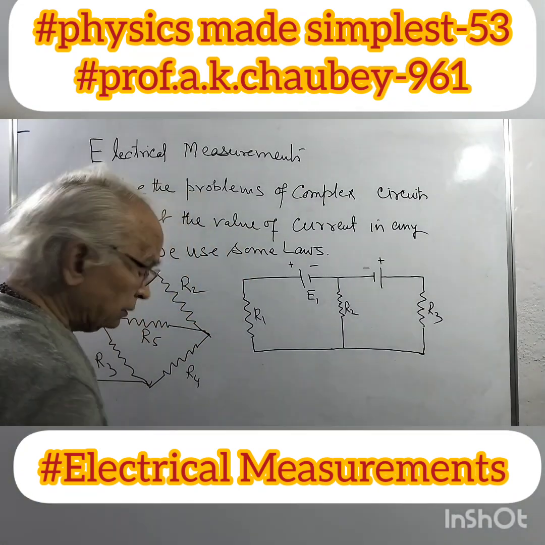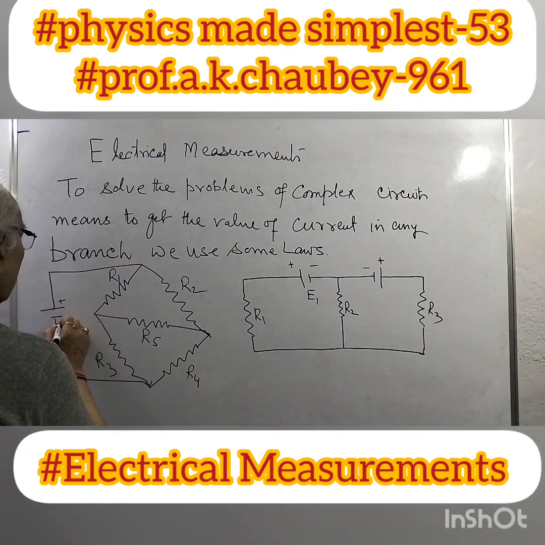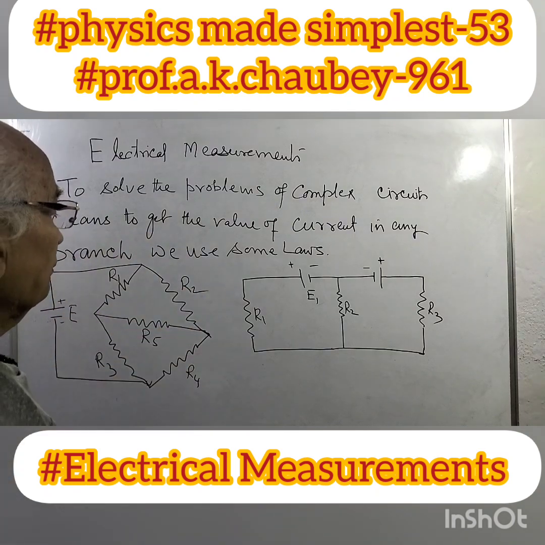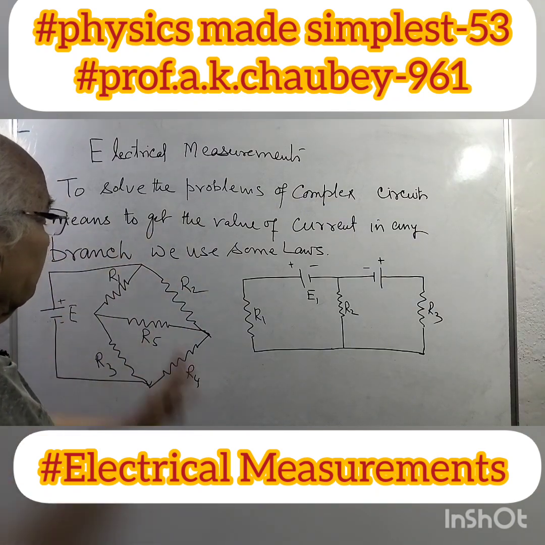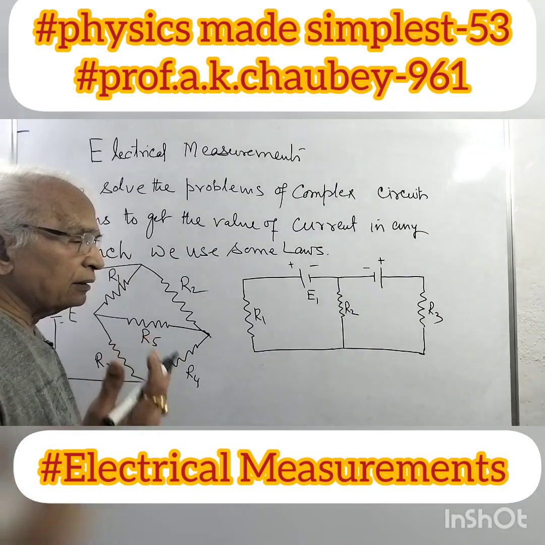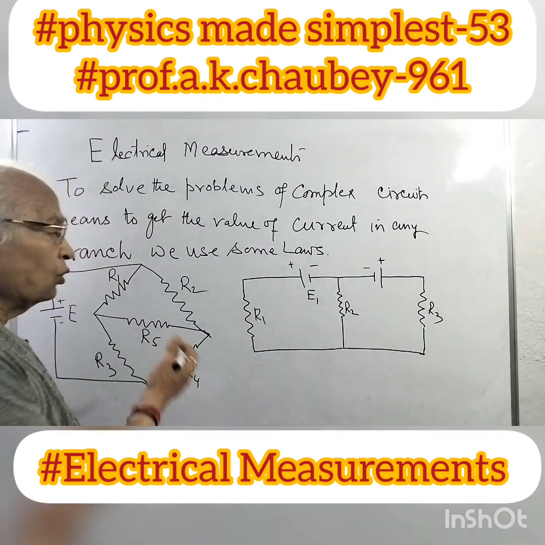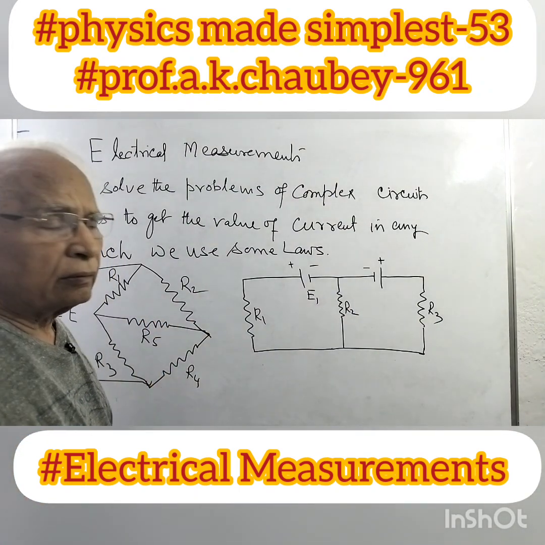This is the source, positive, negative, E is the potential. And we want to solve the circuit, means we want to find out the current in the different branches. It is difficult. Using Ohm's law we can't solve this.